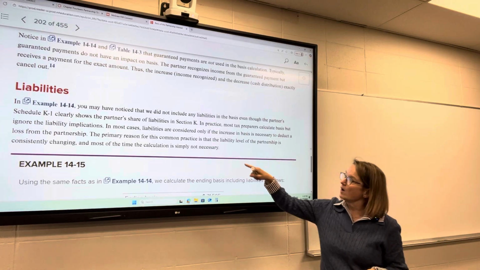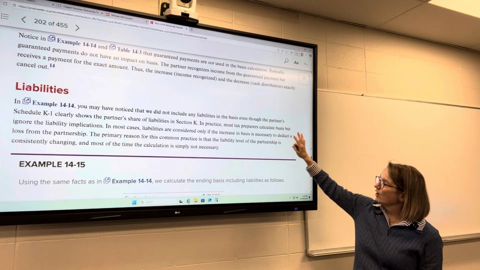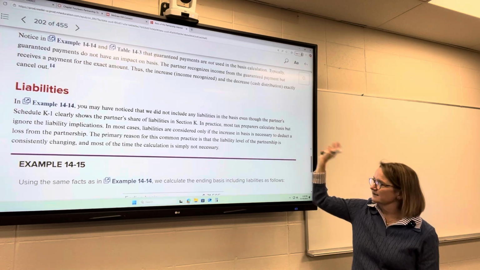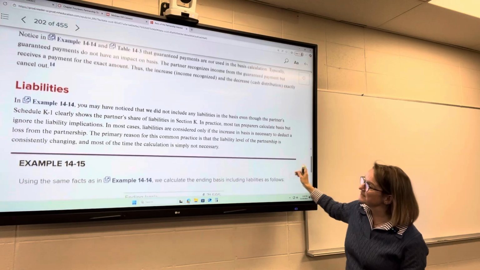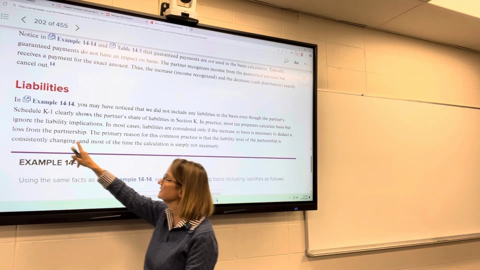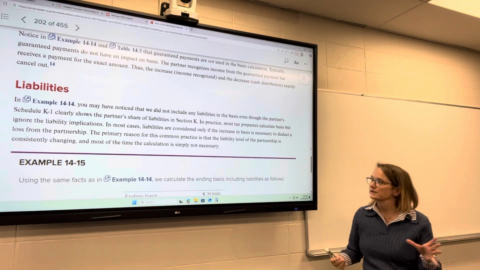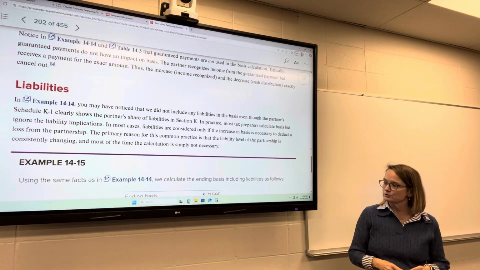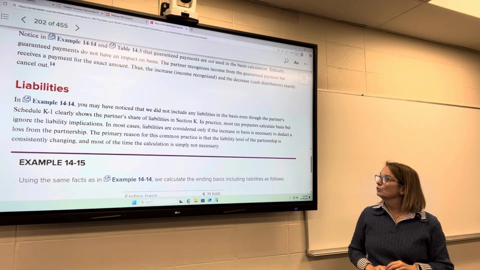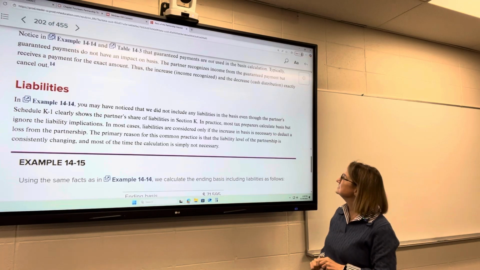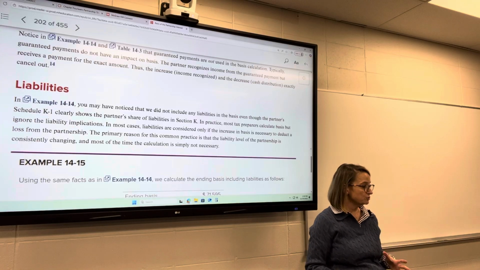So that K1 did show the partner share of liabilities. Most tax preparers will calculate basis but ignore the liability implications at that point. Usually we'll take those into account when the partnership is sold. In most cases, the liabilities are considered only if the increase in basis is necessary in order to deduct a loss from the partnership.